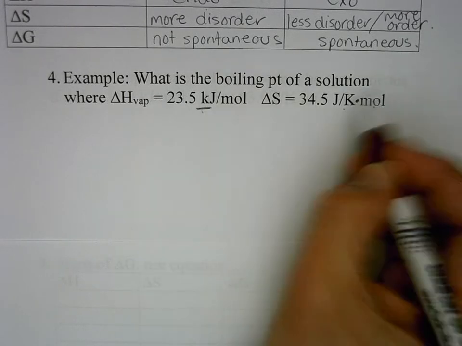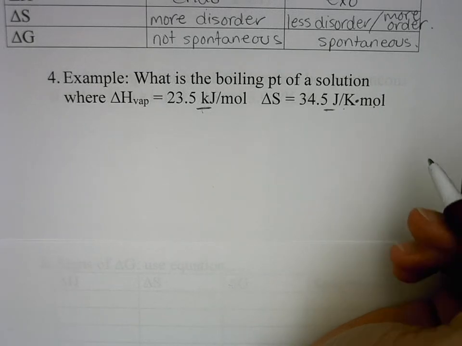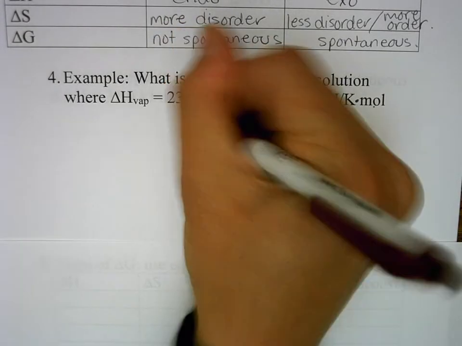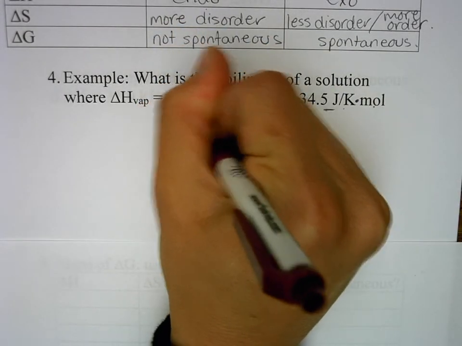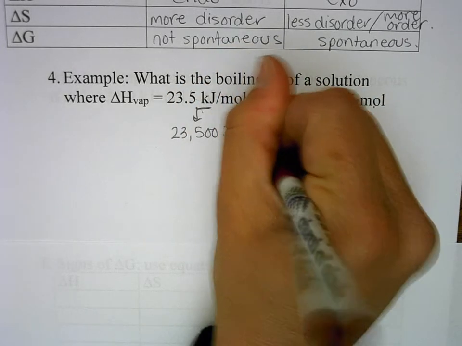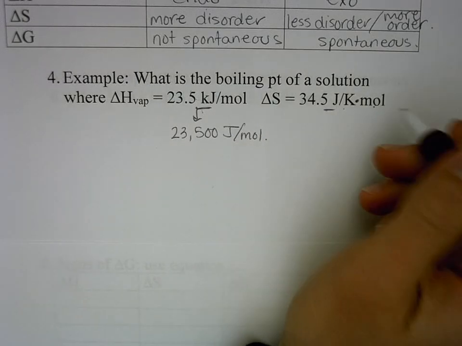Kilojoules and joules. It doesn't matter if you plug kilojoules or joules into the equation as long as it's the same. So I could turn this into kilojoules or I could turn this into joules, which is what I'm going to do. And this is Kelvin times moles on the bottom there.